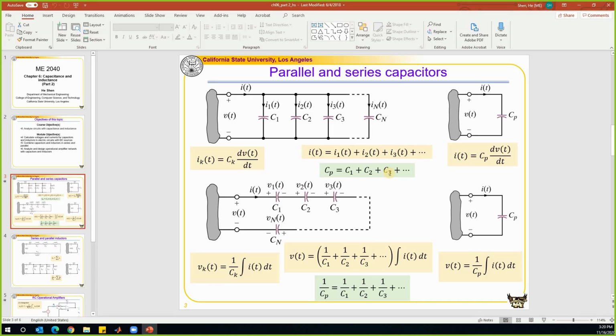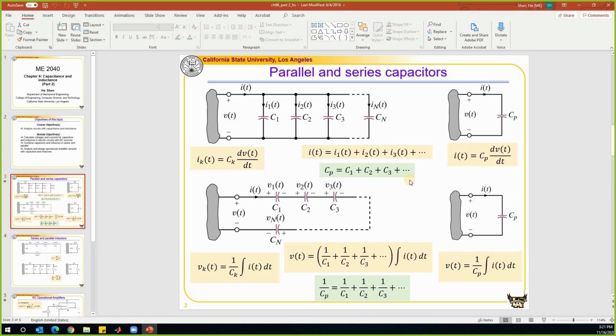I3 is equal to C3 dV dt. And dV dt got cancelled on both sides. And we have the relationship Cp is equal to C1 plus C2 plus C3 until Cn. So now we can see that if we have capacitors in parallel, the overall capacitance is the summation of the capacitance of all these capacitors.